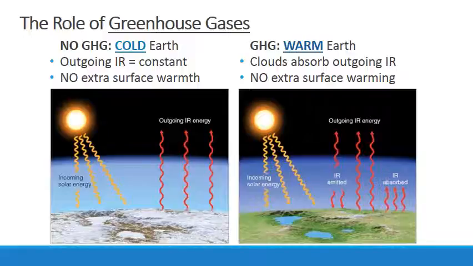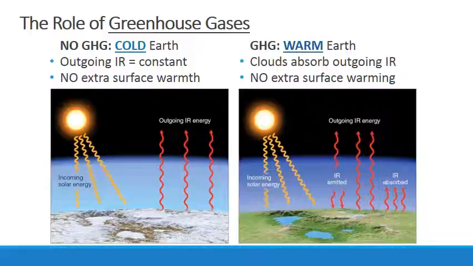So if you don't have greenhouse gases, there's no atmospheric greenhouse effect. The Earth's surface air temperature in this case would be quite low. And small amounts of water on the planet would be in the form of ice.